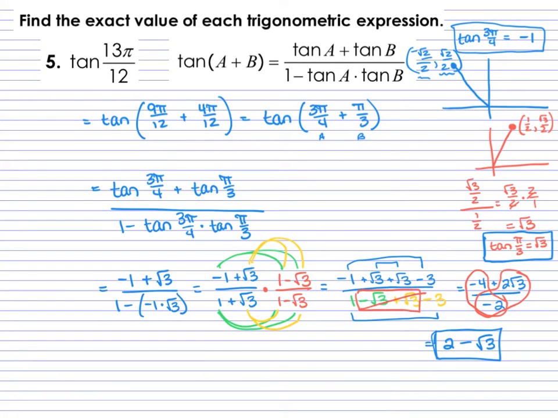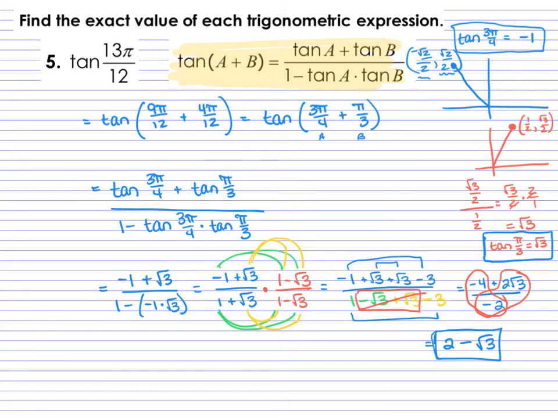In these questions, I've got a lot to do. Not only do I have to apply this formula that I'm given, in this case our tangent sum formula, but I also have to figure out what my values are on the unit circle, and what angles I can split that original angle up into.